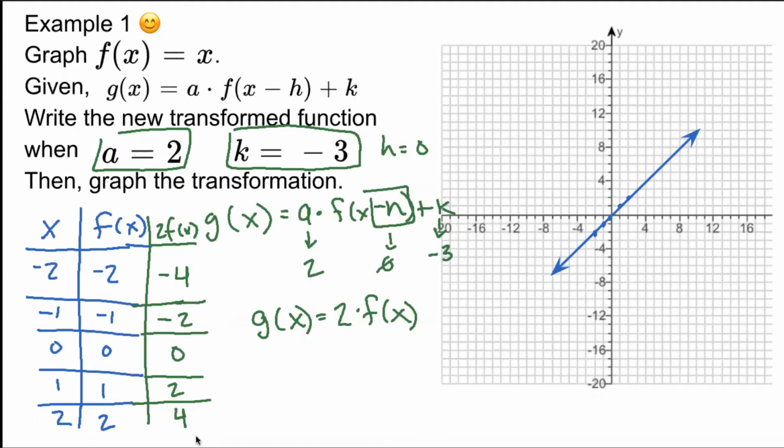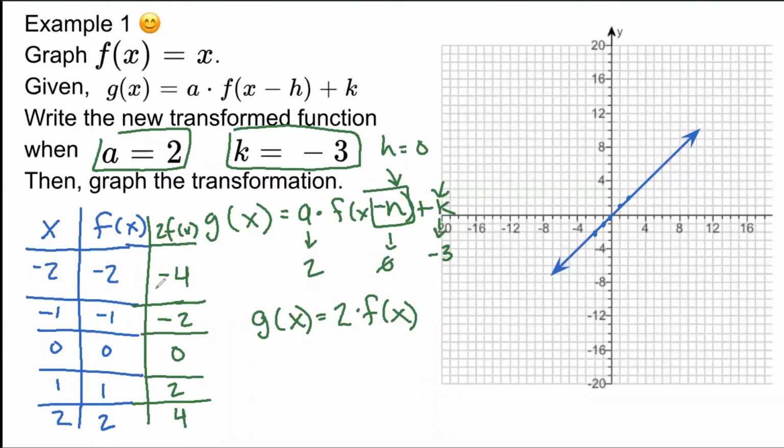So let's go ahead and graph those. I'm not going to create a line because we still have that last parameter. And remember that we said that k and h shift our graph, so after we graph our points, we're going to do our shifting. Okay. So here it goes.